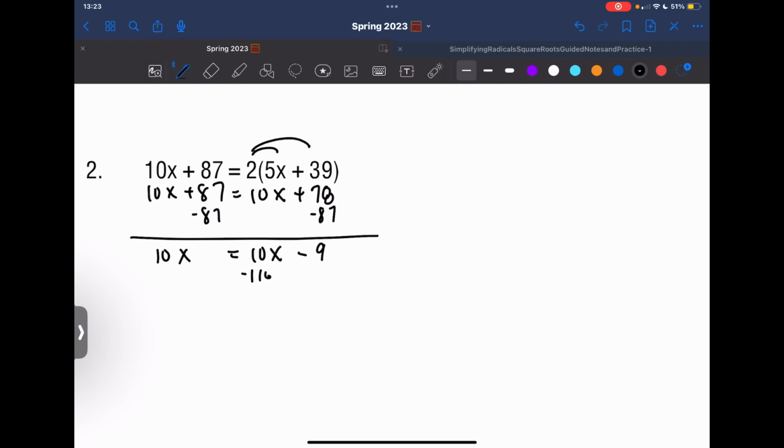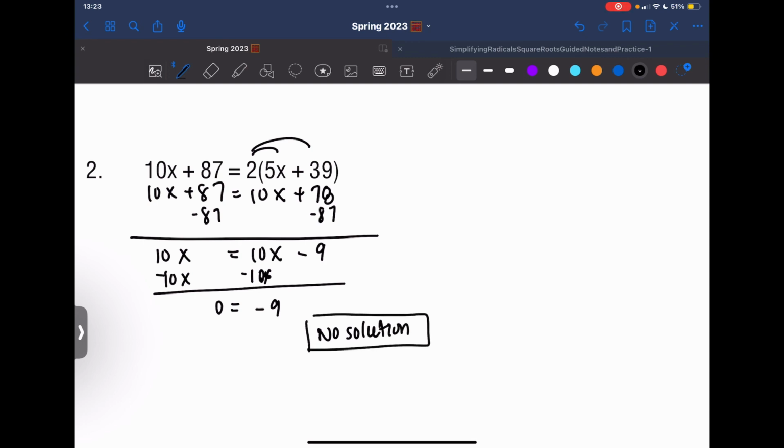You're going to subtract 10 from both sides, or 10x, excuse me. When your left doesn't equal the right, this is no solution. That left has to equal the right. They are not equal. This is no solution.